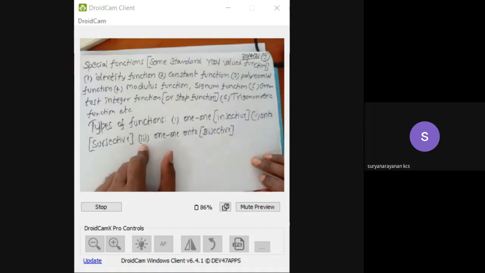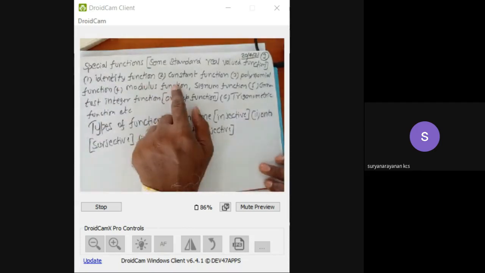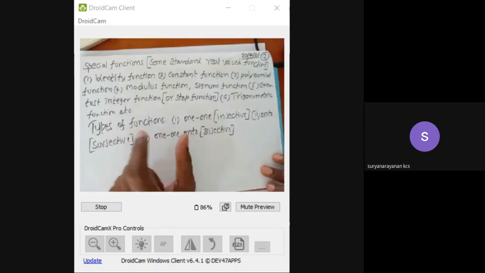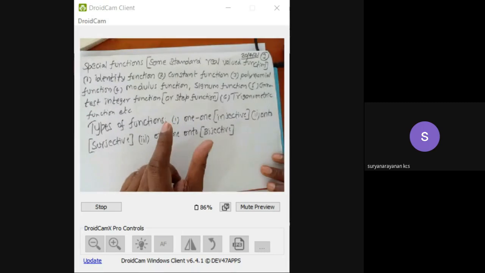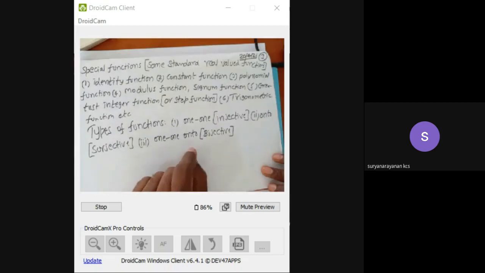Okay, my dear children. Before coming to the next class, all of you go through these special functions in the first year textbook. We will discuss types of functions tomorrow. In the meantime, all of you learn how to read a notation of a function and what is the name of a function, what is the domain of a function.